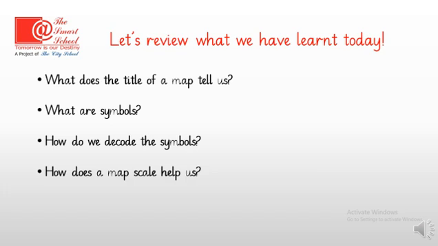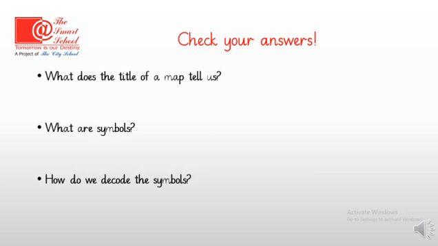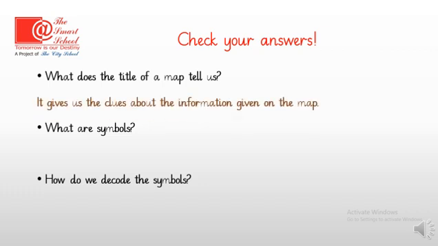Now let's review what we have learned today. What does the title of a map tell us? What are symbols? How do we decode the symbols? How does a map scale help us? Check your answers. What does the title of a map tell us? It gives us clues about the information given on the map.